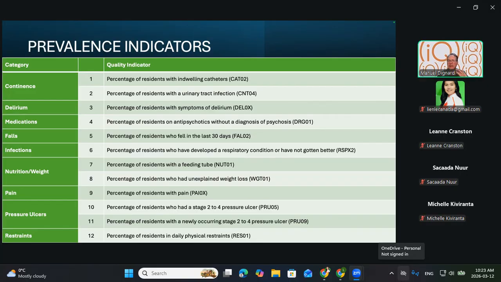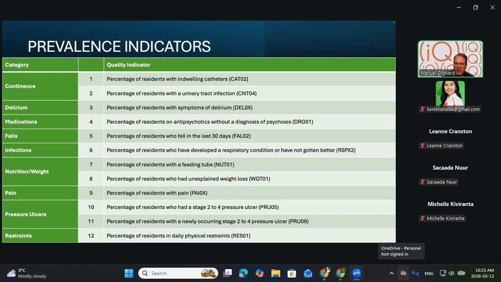And those clinical indicators span across a whole bunch of clinical areas: continence, urinary infection, delirium, psychiatric, medication use, falls, infections, feeding tubes, weight loss, pain, pressure ulcers, and of course, physical restraints.